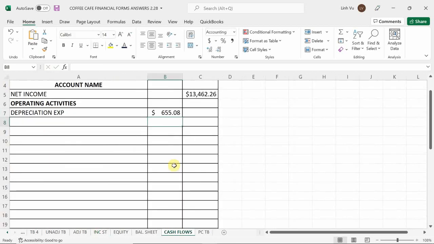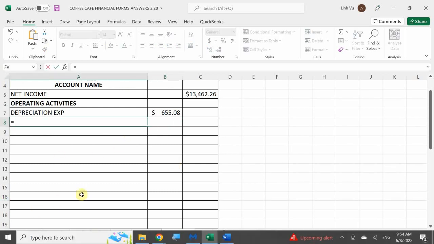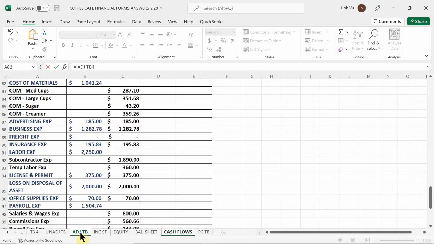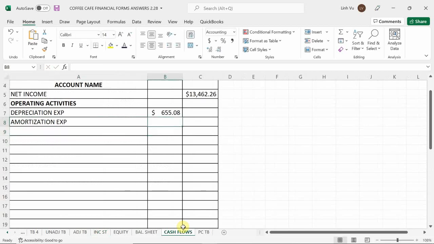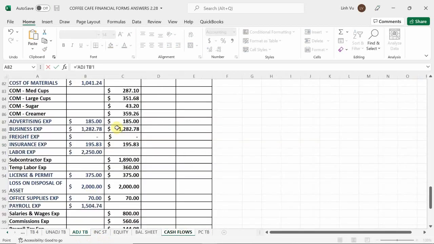That's something I have to add back into my net income, because I never took it out in the first place. I never spent the money. And same thing with amortization, because that once again is a non-cash operation too. It functions exactly like depreciation.